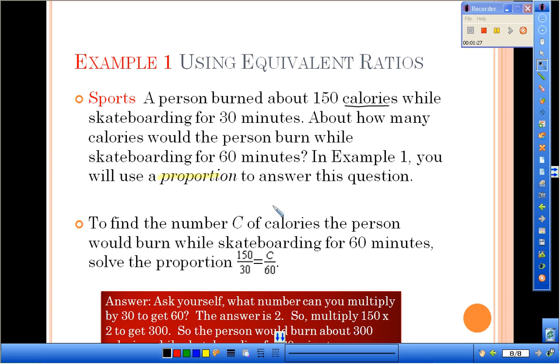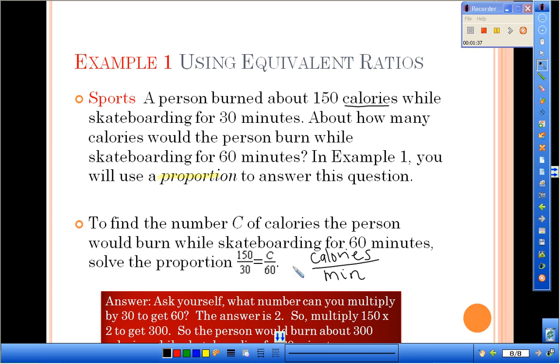Since calories was the category that was given first, we are going to compare our number of calories to the number of minutes this person was skateboarding. So you can see here in the example, 150 calories was burned for 30 minutes of skateboarding, and we're going to compare that to what we're looking for, which is how many calories, represented with the C, in 60 minutes.